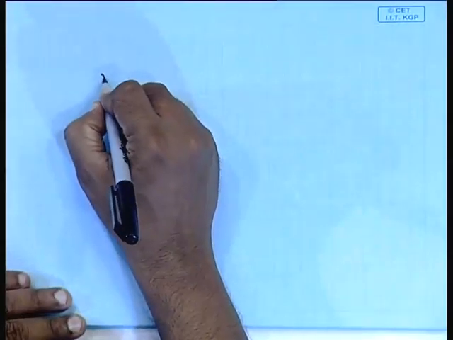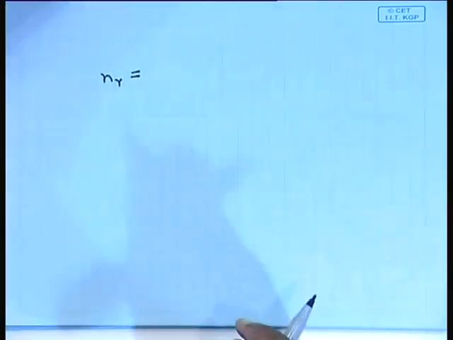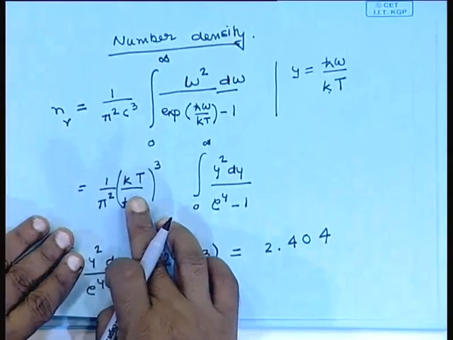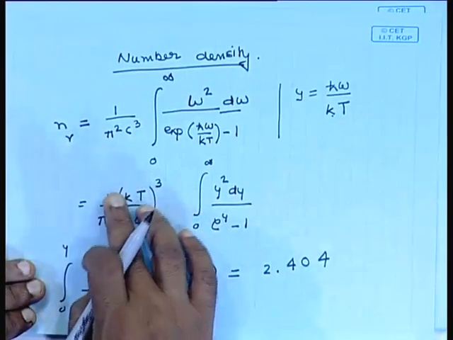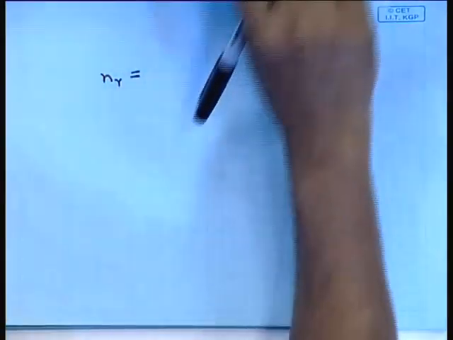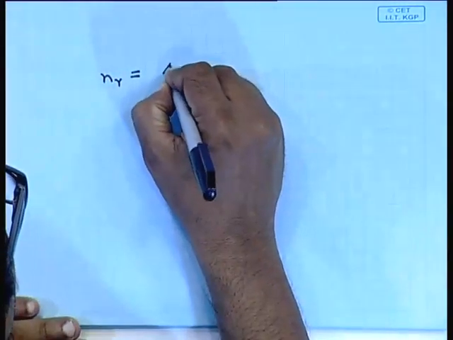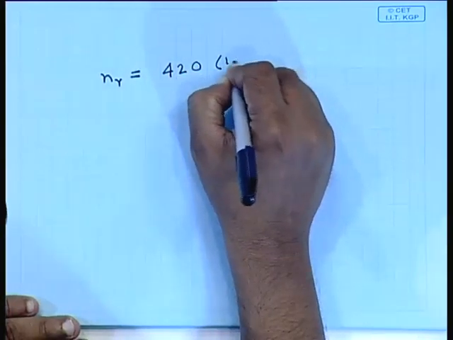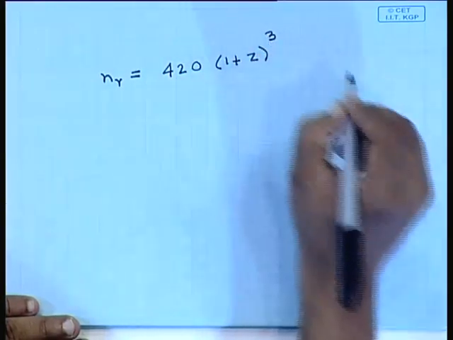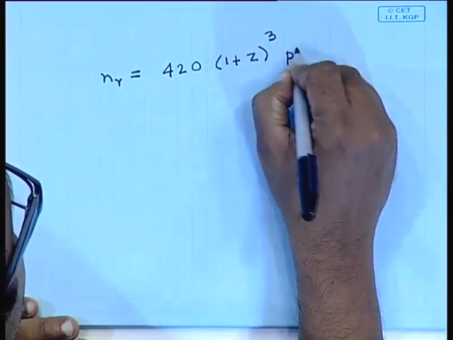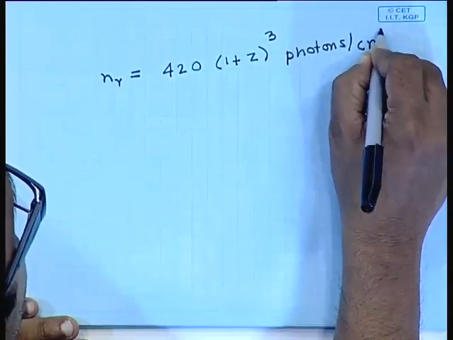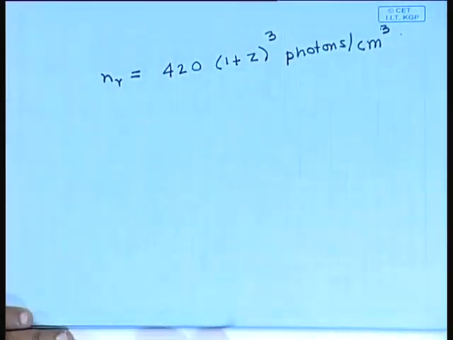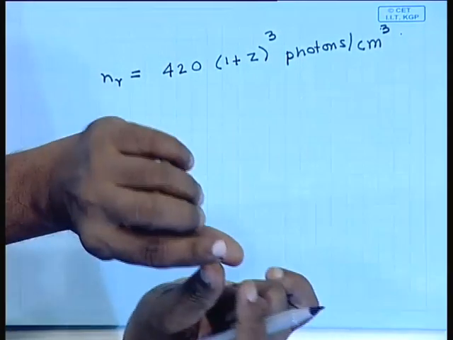You put in the numbers, the current value of the CMBR temperature, 2.73, and what you get is that the number density of photons is 420 into (1 plus z) cube photons per centimeter cube. So 420 CMBR photons in 1 centimeter cube right over here.